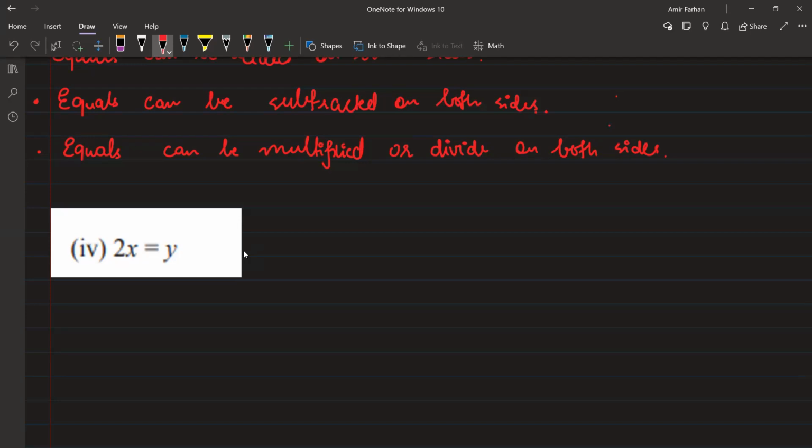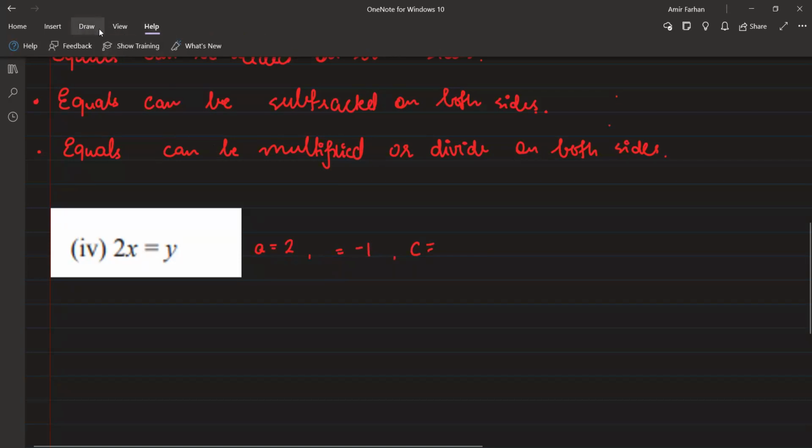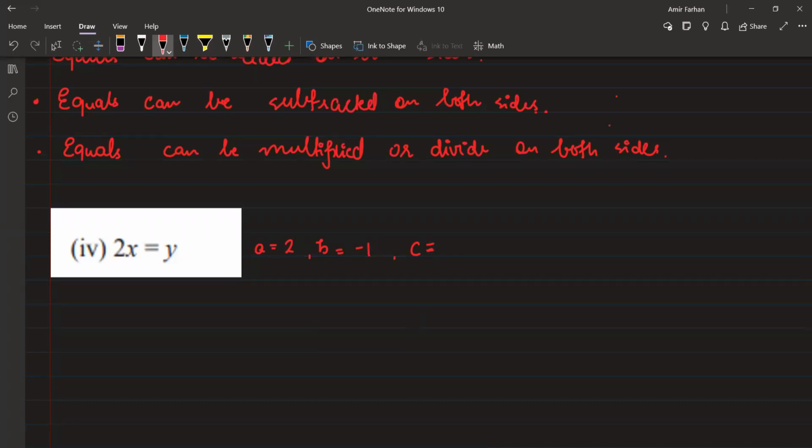A is 2. B is minus 1. What is the value of C? Now, can I write this equation as 2x minus y plus 0 equals to 0?